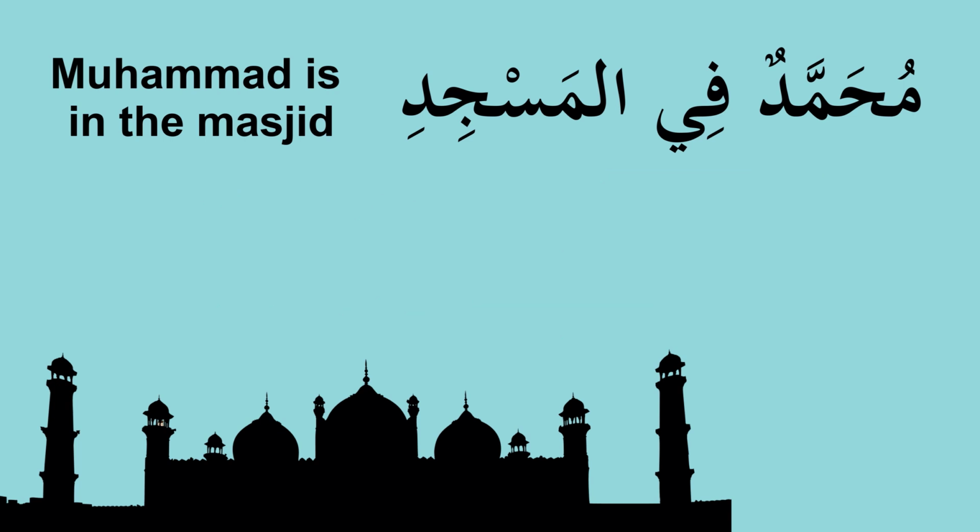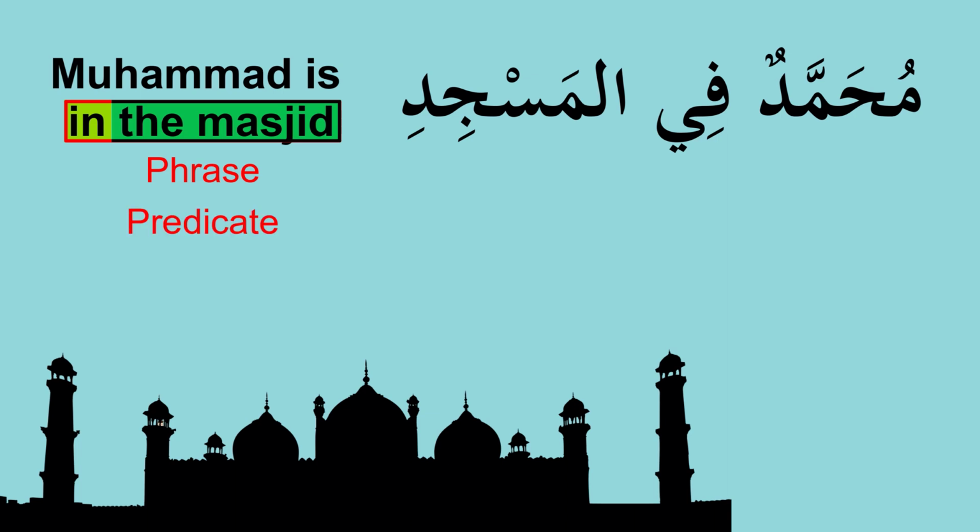So if I were to tell you in English, which you will understand a little better, that in the masjid, it is a preposition followed by noun in the genitive case. Together it is a phrase and it is the predicate. Where is the predicate? In the masjid. And what is in? Preposition. And what is masjid? It's the noun in genitive case from our point of view. Are you with me, brother, sister?